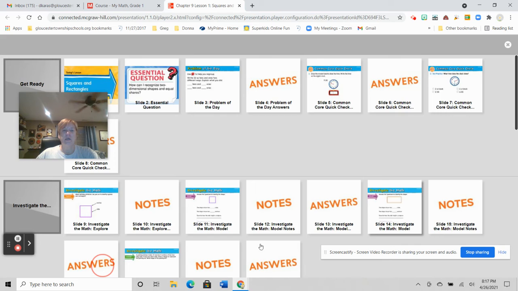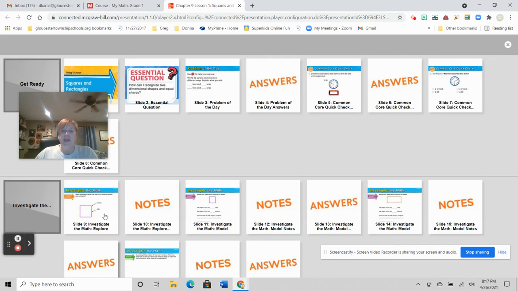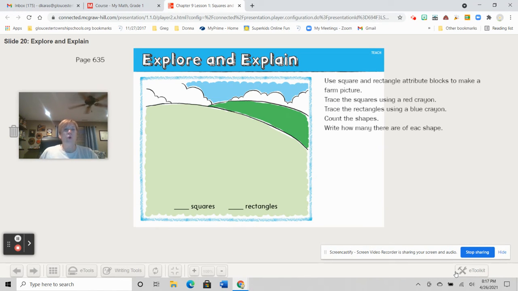Okay, let's look. That's right. They say the opposite sides are equal in length, meaning this and this, they're opposite each other and they're equal. This one and this one, they're opposite. Those are equal. And a rectangle. Good job.